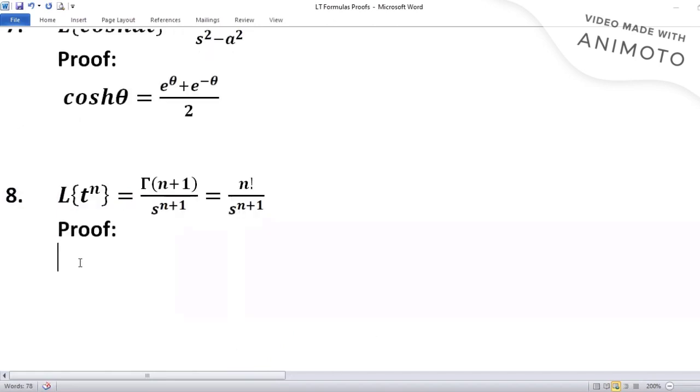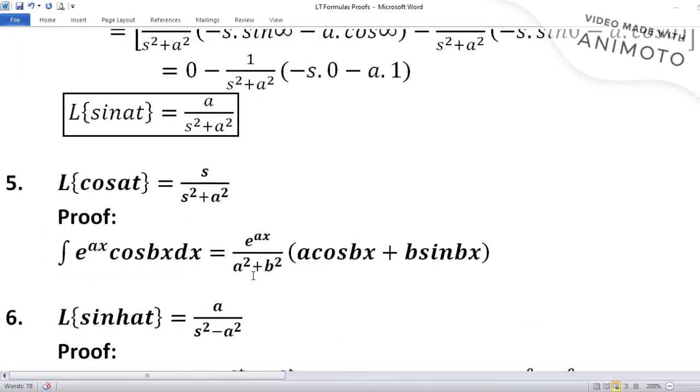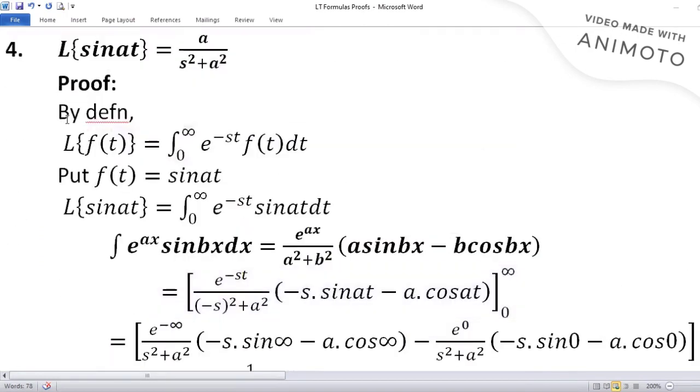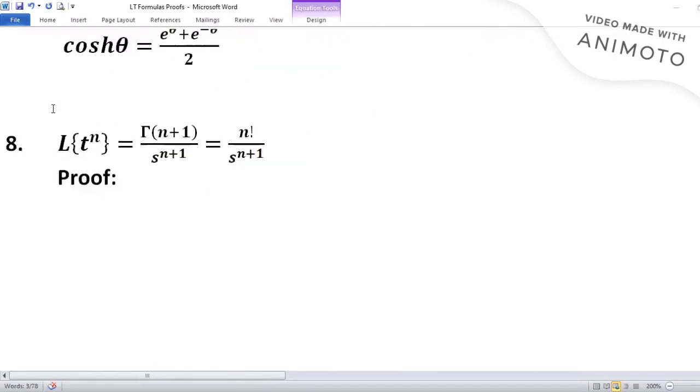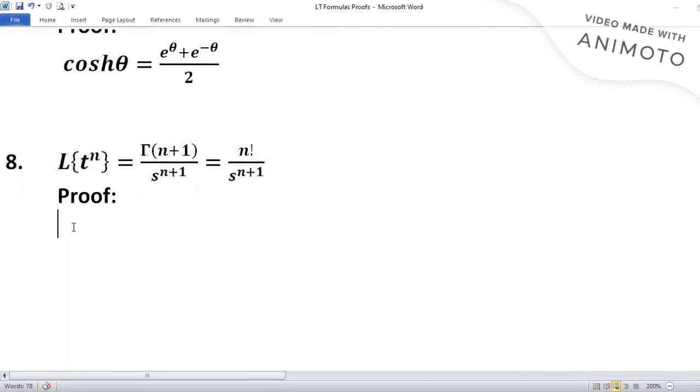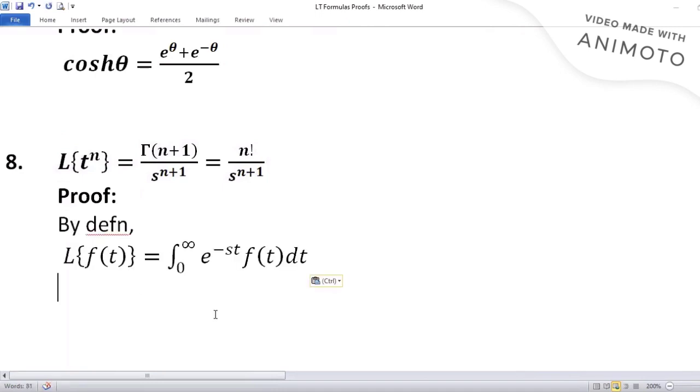Now regarding t raised to n, how to find out Laplace of t raised to n? Let us do it. This is done by integration. Let's see how that is done. By definition, Laplace is 0 to infinity e raised to minus st f of t dt.